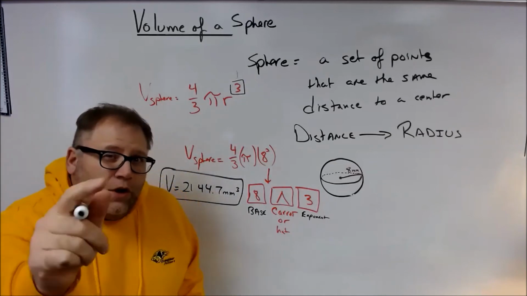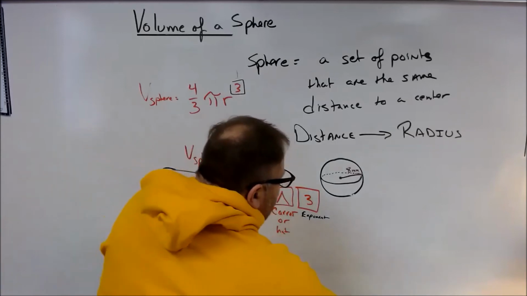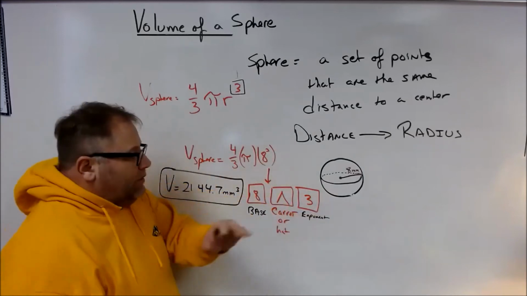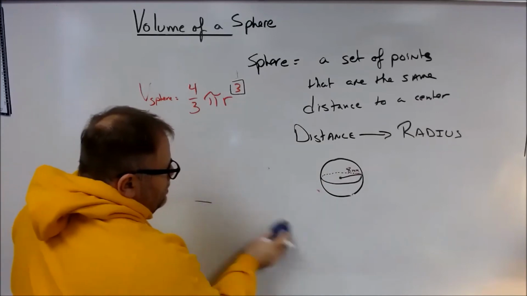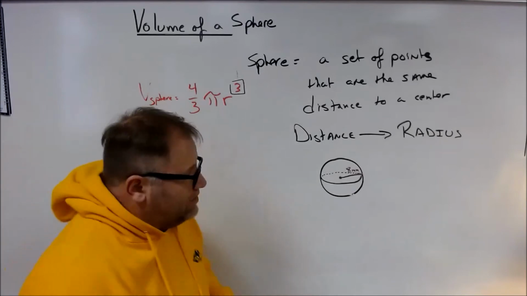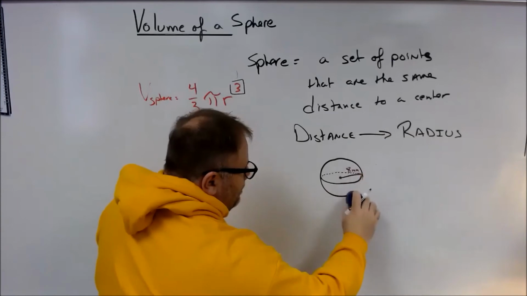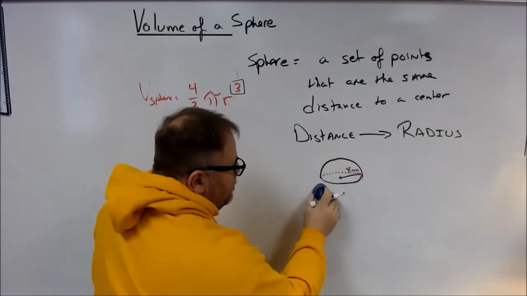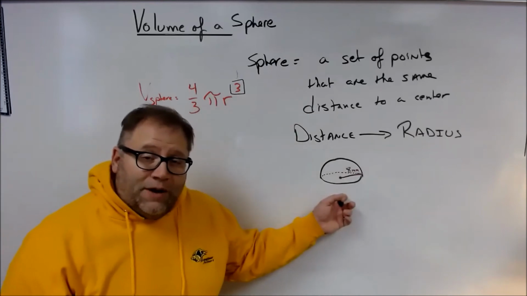Not too tough. When we look at a hemisphere, what we're talking about is half of this. So I'm going to erase just the bottom part of this. There we go, and there's our hemisphere.